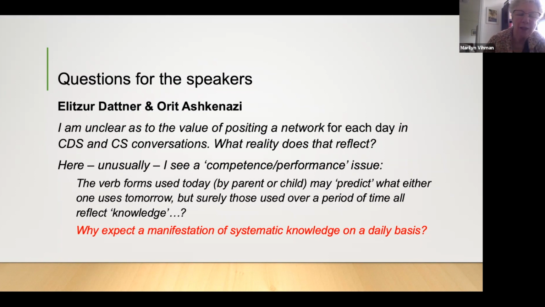But the network surely exists from one day to the next. And so, because it's really knowledge, and the knowledge isn't going to go away, even if you don't use a particular form. If you used it yesterday or used it several times, you probably have a representation for it. It may be more or less robust. So I don't quite understand what they're thinking there. It'd be good to hear an answer from them.